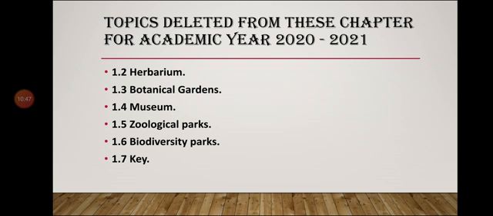But you do not have to study all these topics, because they are deleted from this chapter for this academic year, 2021, as there is a 25% reduction in your syllabus. So from this chapter you have to study only the basic principles of life, that is the characteristics of life, and the rest of the chapter is deleted.